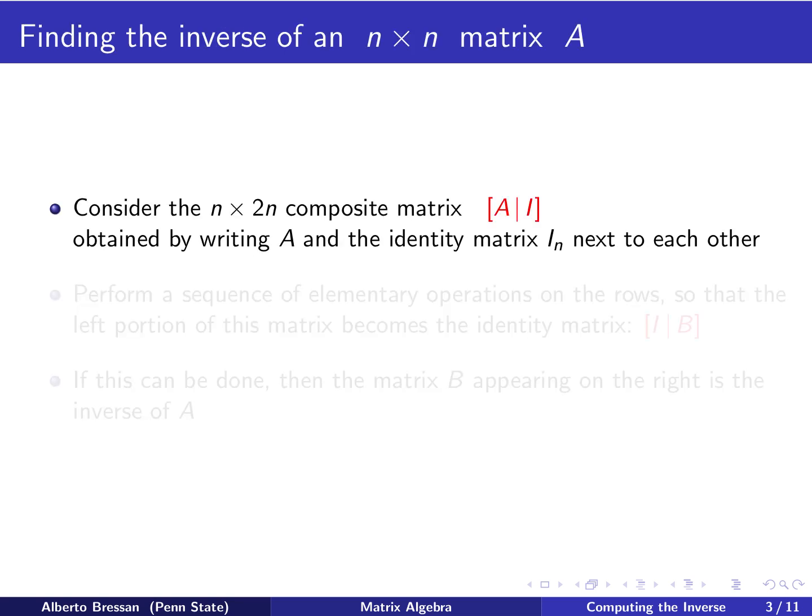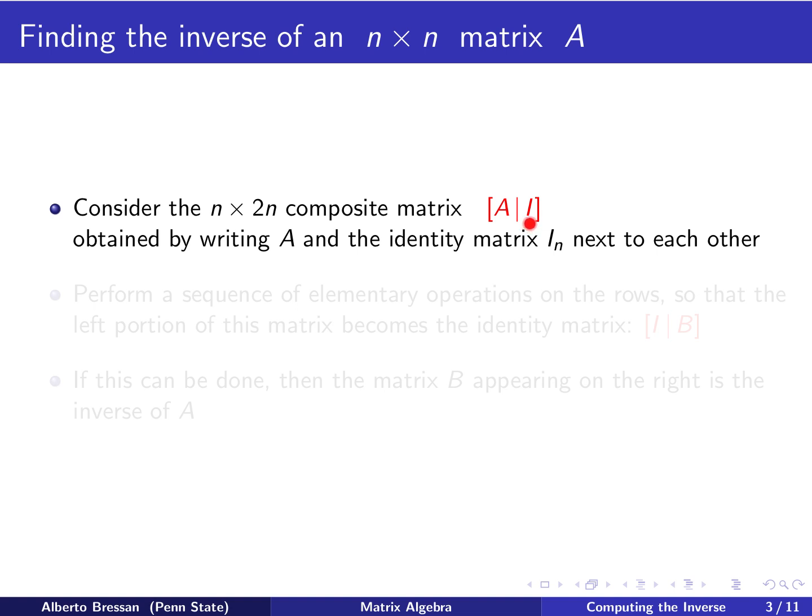Okay, so here is an algorithm to find the inverse of an n by n matrix A. We will consider a composite matrix, which is n by 2n, as follows. We put the A matrix on the left, draw a vertical line, and put the identity matrix next to it.